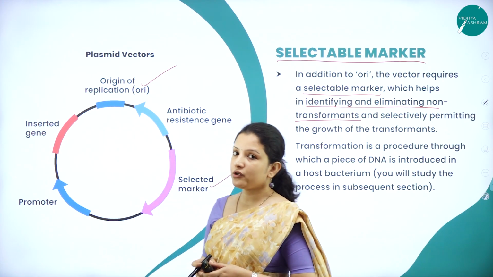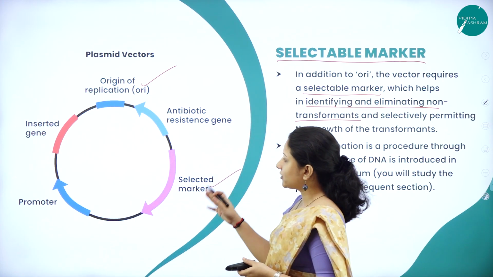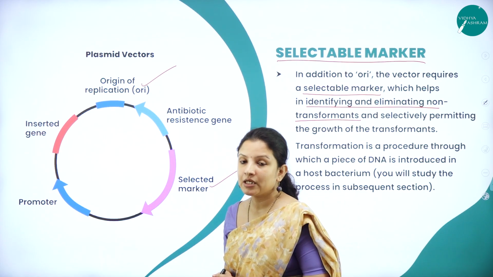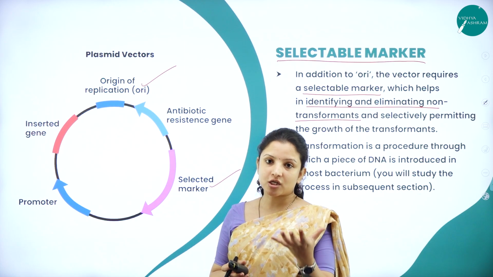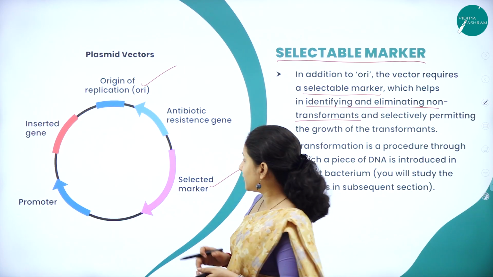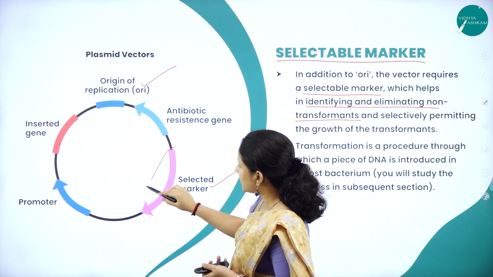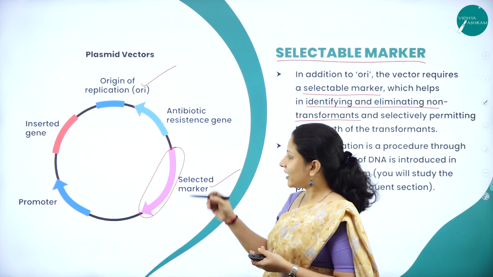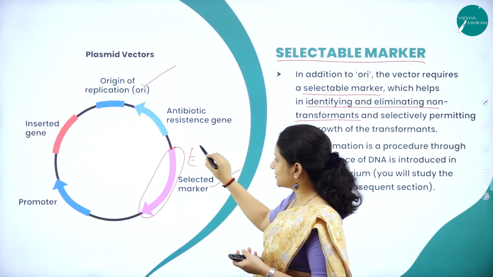What will usually be done is, before transferring the bacteria into the host cell, it will be grown in a culture plate. To that culture plate, a selectable marker will be added. What is a selectable marker? Again, it is a strand of DNA itself.